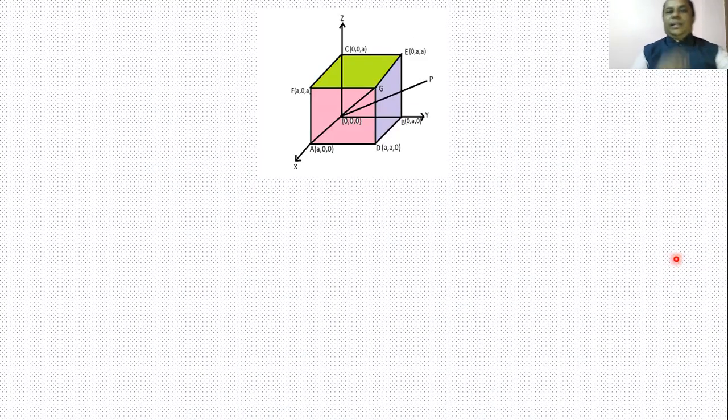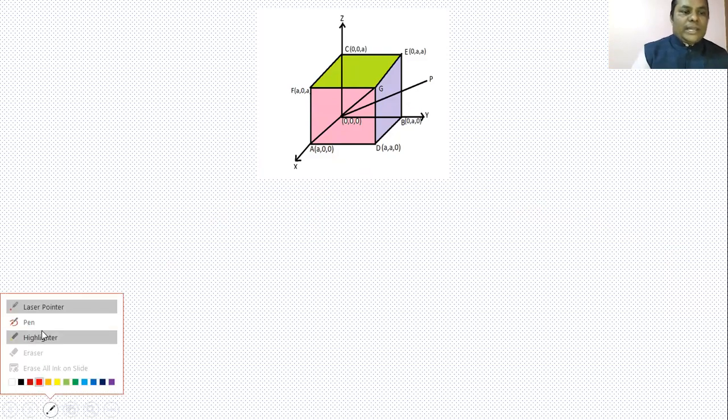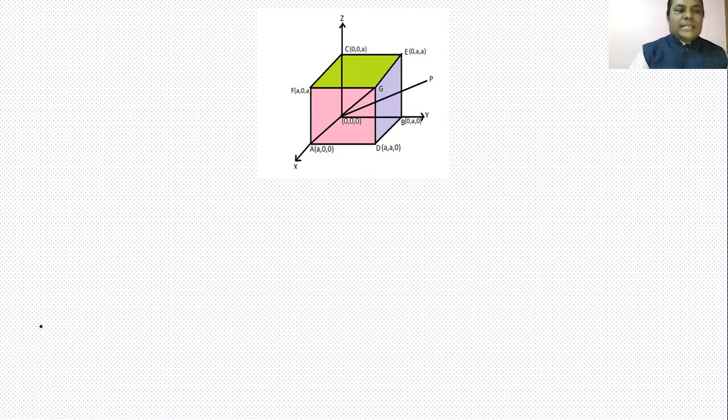Okay, actually everyone, this is a cube. It is a cube because here this part is OA, this part is OB, and this part is OC, which are taken along the x-axis, y-axis, and z-axis.